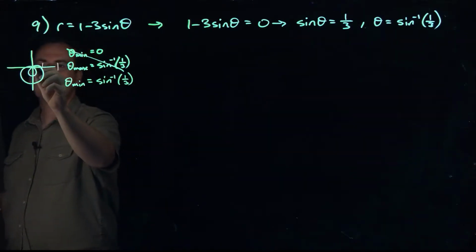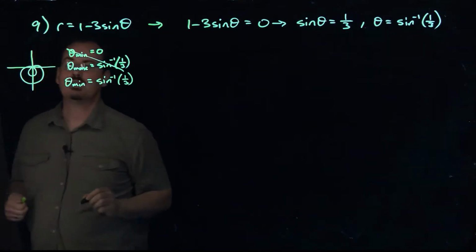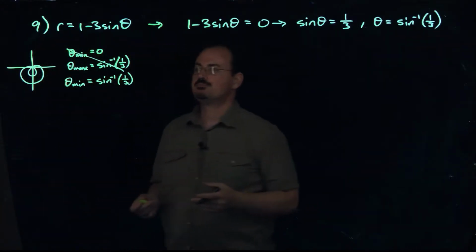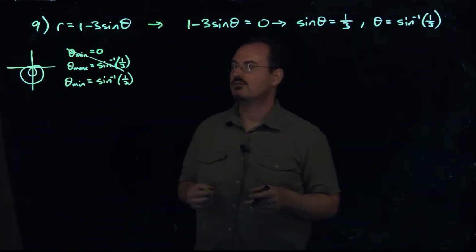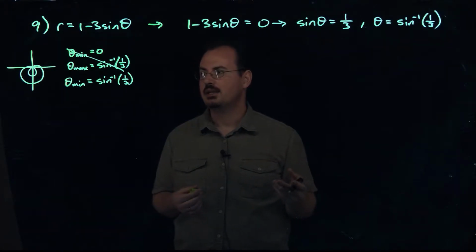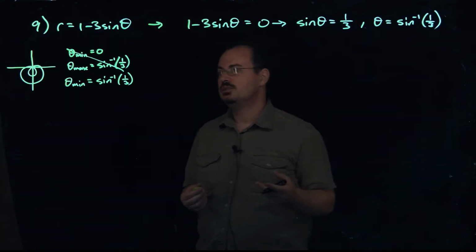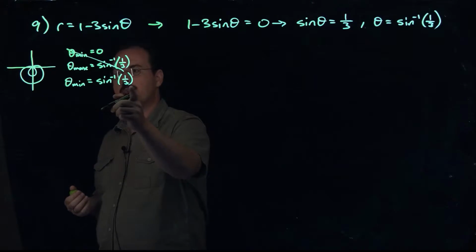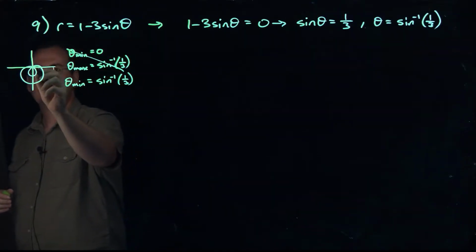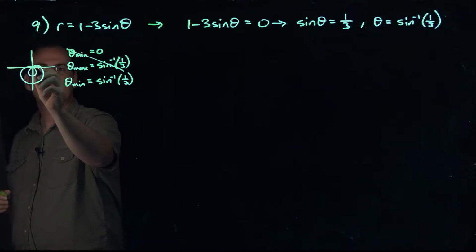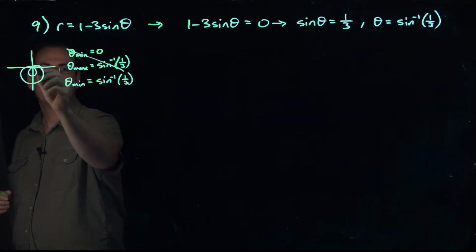And then what we'll notice is that the other place that it reaches 0 is if we go all the way around and come back, it's going to be 0 again. Where does that happen? Remember that when we're talking about the unit circle, if you want to find another angle that has the same sine, you say pi minus the one that you got. So if I start here, that's theta min, the inverse sine of 1/3.